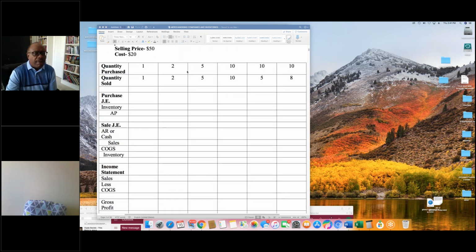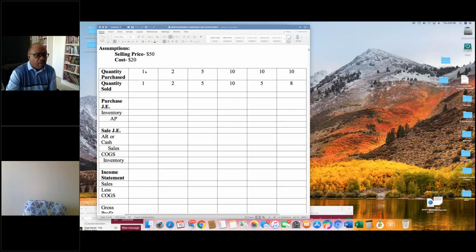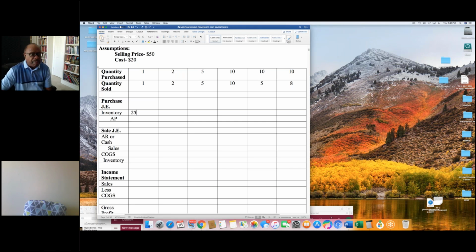And so we're going to focus on this column here where we purchased 1 pair and sold 1 pair of shoes. So when we purchased the shoes, we would have debited inventory for 20 and we would have credited accounts payable for 20. That's when we bought the inventory.